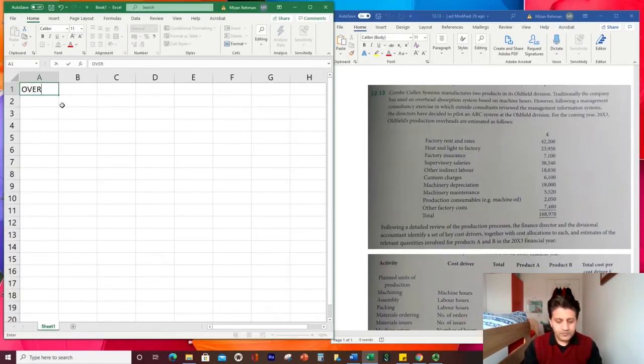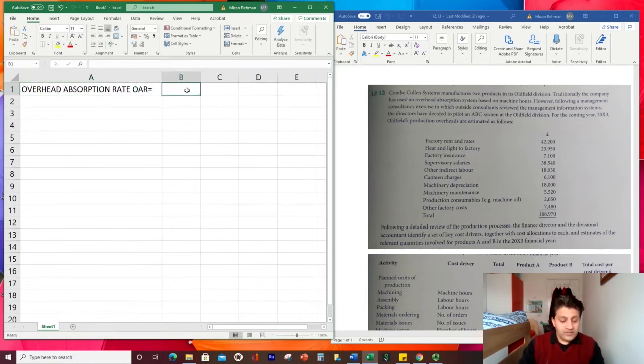Overhead absorption rate, OAR. The formula for that has been given in the slides, and that is total overheads divided by total activity.